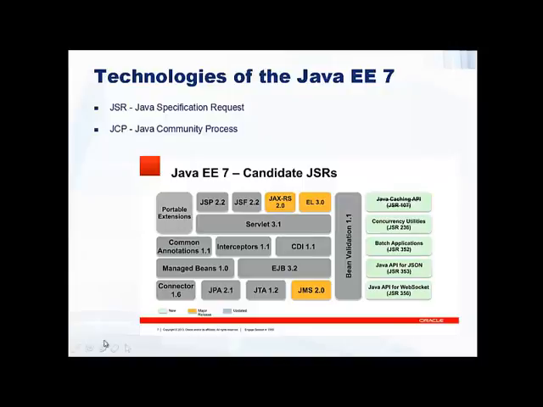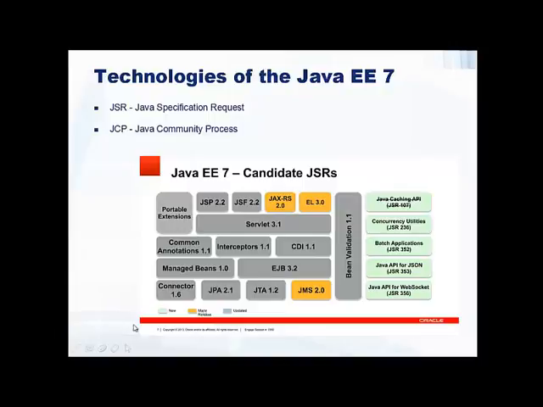And in this picture, we have the technology stack for the Enterprise Edition 7. The portable extension specification and technology, JSP, Java Server Pages, Java Server Faces, and the Servlet API are all technologies for the web container.